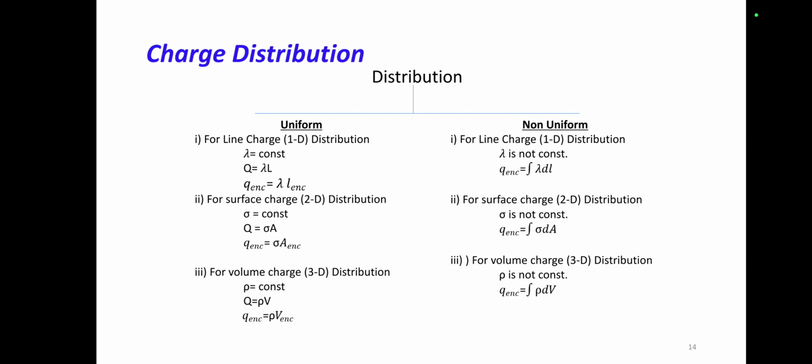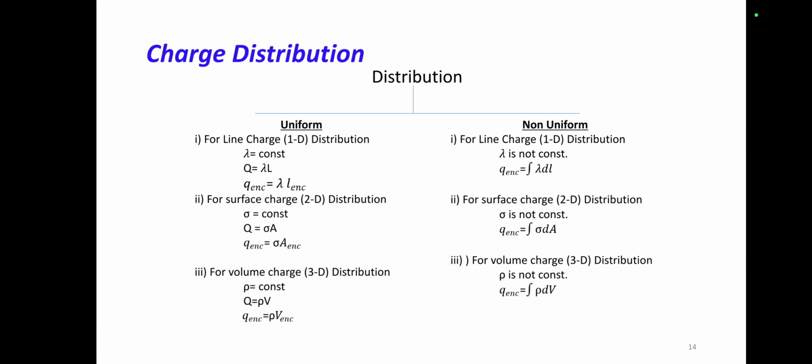For non-uniform charge distribution, that means for line charge distribution where it is non-uniform, lambda is not constant, therefore q enclosed is equal to integral lambda dl. For non-uniform surface charge distribution, two-dimensional, sigma is not constant, so q enclosed is equal to integral sigma dA.